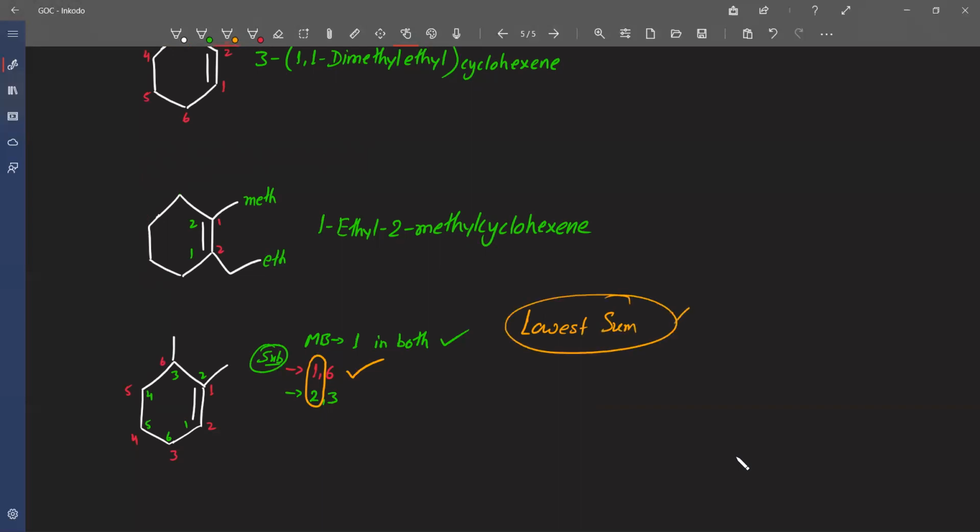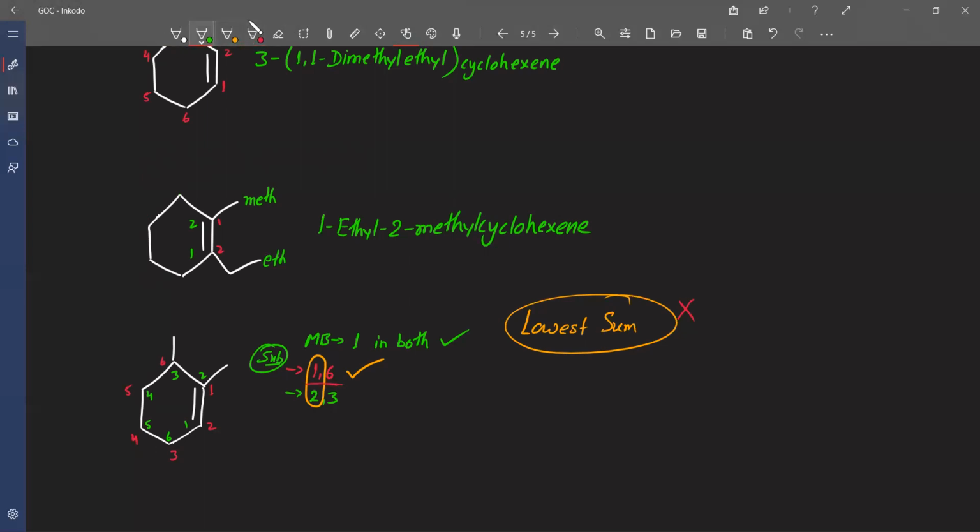That is wrong. That is not something given by IUPAC. Only a few books say that. That is not prescribed by the IUPAC. So the correct scheme is this, 1 and 6.